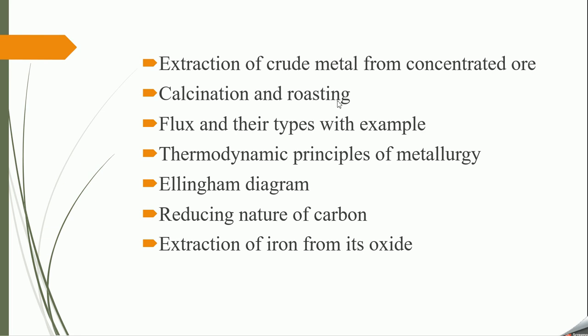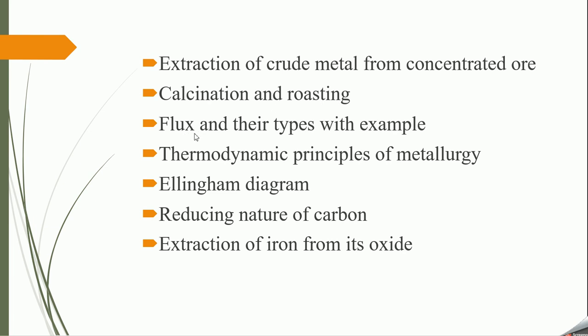Roasting is a process of converting concentrated ore of a metal into its oxide by heating it strongly in the presence of air. So, all hydrated oxide, carbonated oxides are converted into its oxide form by calcination, and all sulfide form of ores are converted into oxide form by roasting.